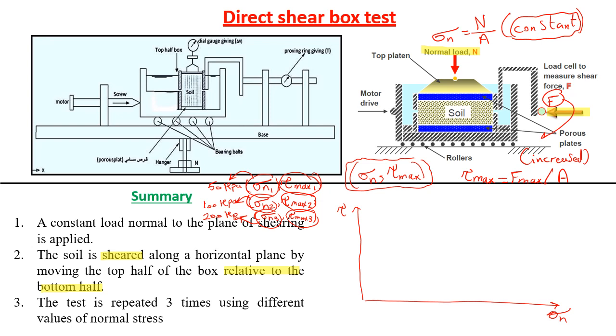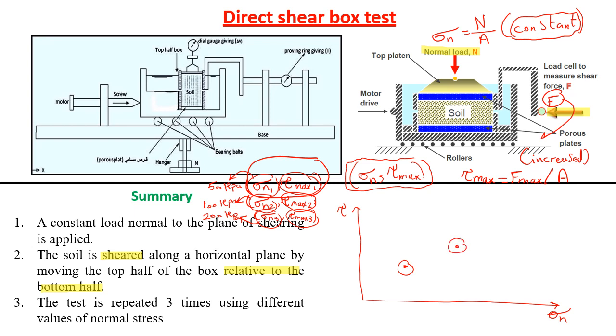You have three stress states. You will plot the three stress states. The first one is sigma n1 and tau maximum 1. You will plot this point. Sigma n2 and tau maximum 2.